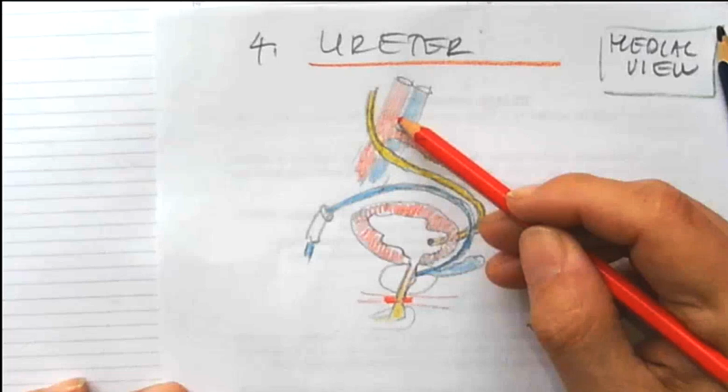So I'm drawing a black line showing the obturator nerve, correct. This is sufficient. Then here I would label the internal iliac vessels, artery and vein.